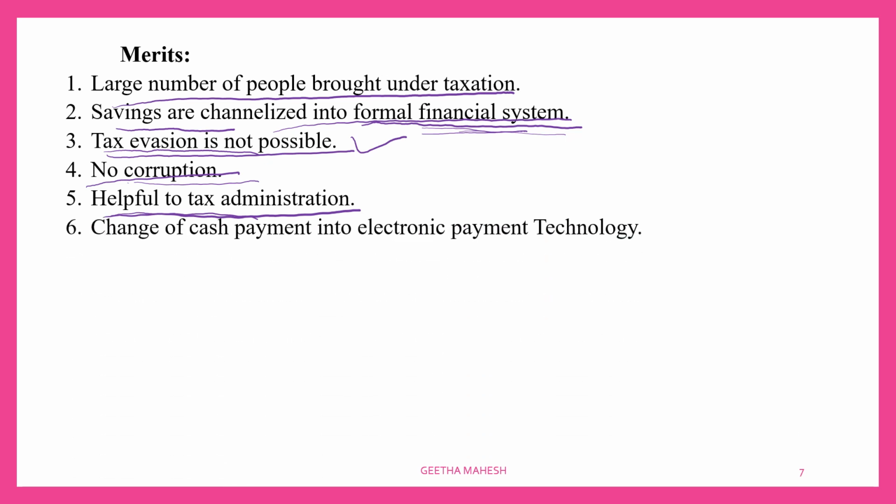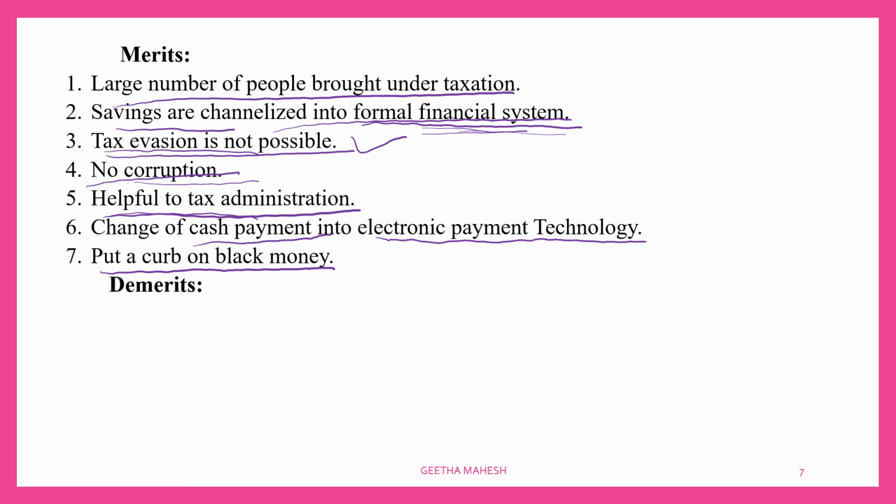Change of cash payment into electronic payment technology is the biggest change and the best merit of demonetization. Since transactions take place through the formal financial system, they are able to put a curb on black money.